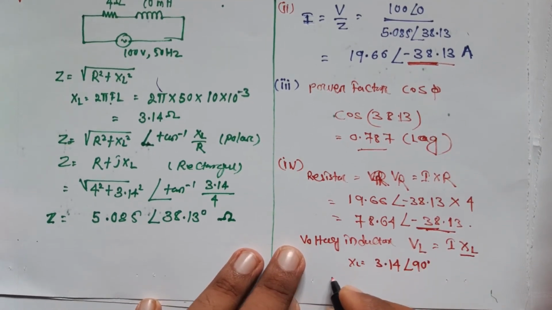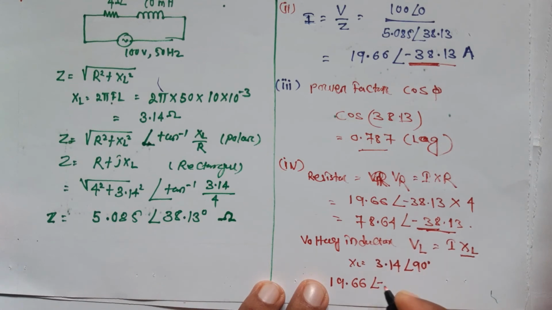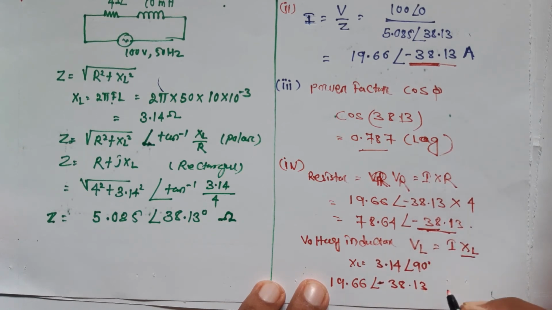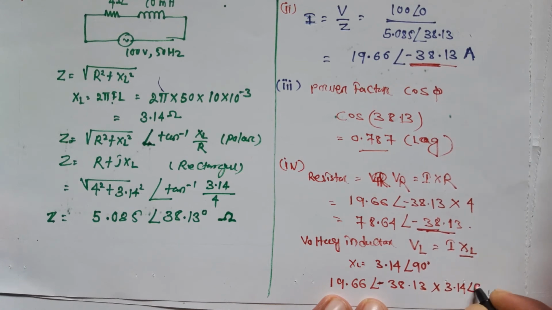So we multiply I, which is 19.66 angle minus 38.13 degrees, into 3.14 angle 90 degrees.